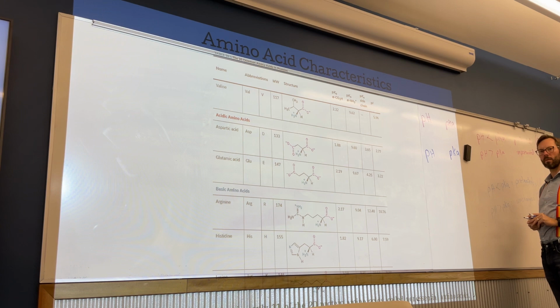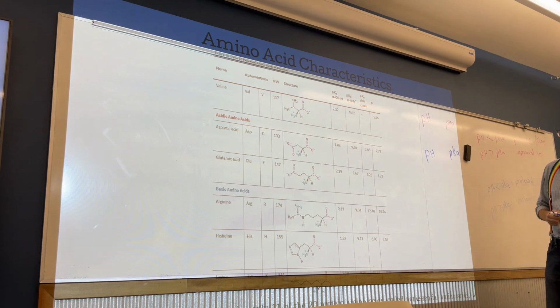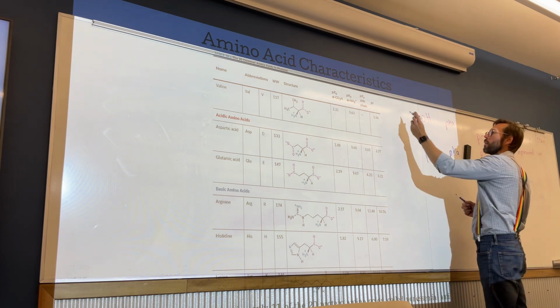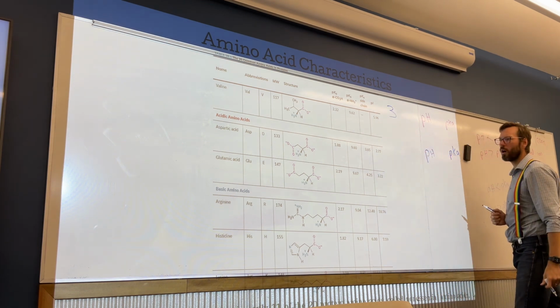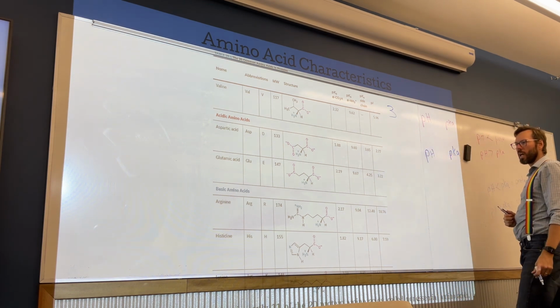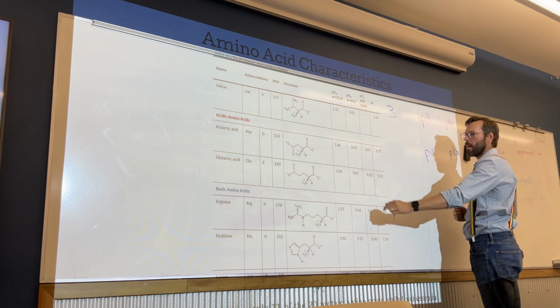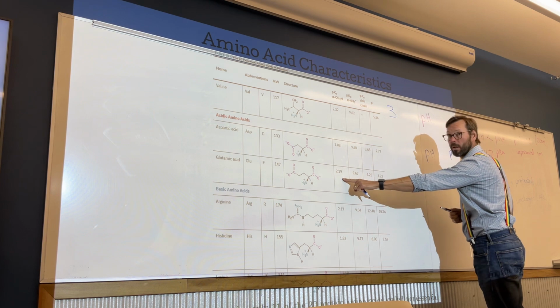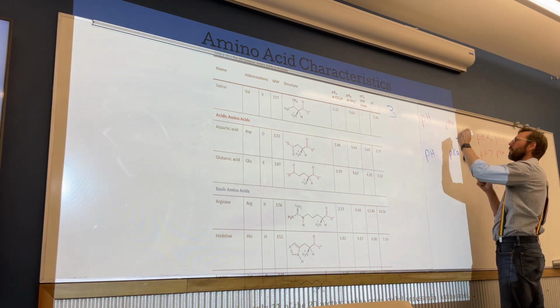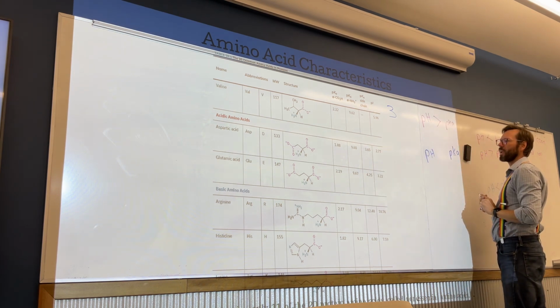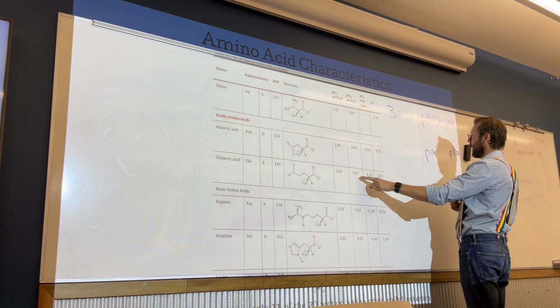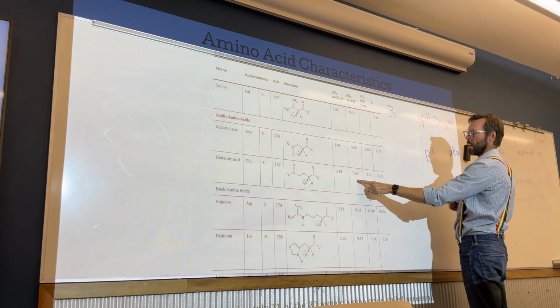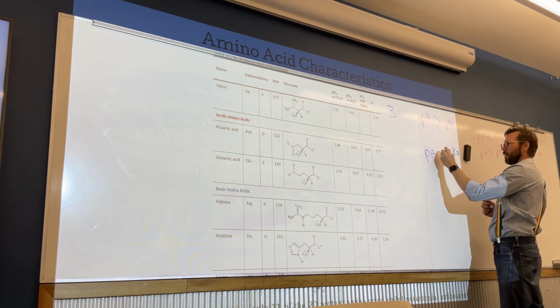Glutamic acid. Okay. And what's the pH? 3. Okay. So for glutamic acid, it's going to be pH is greater than pKa, and pH is less than pKa.